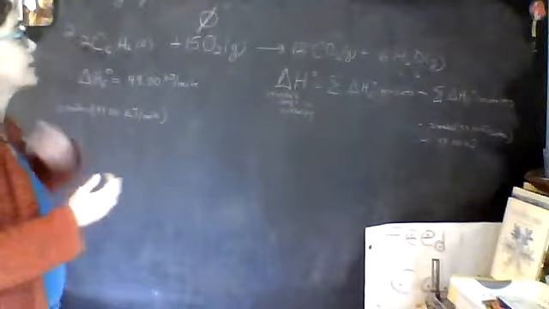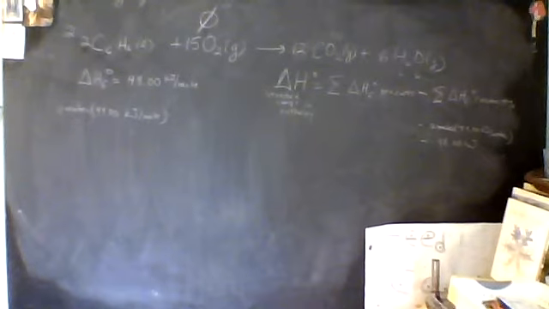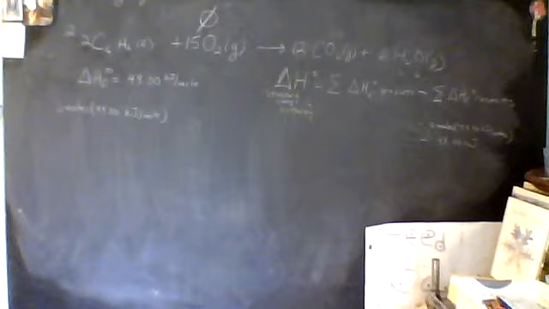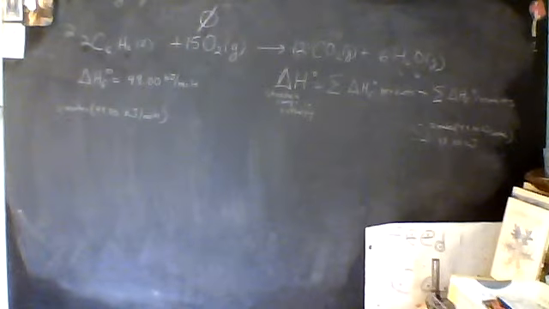How about the products? Here we can use the table, which we find on page 431, of the standard enthalpies of formation of a variety of substances. So let us locate carbon dioxide in its gas form. What's the standard enthalpy of formation of that?